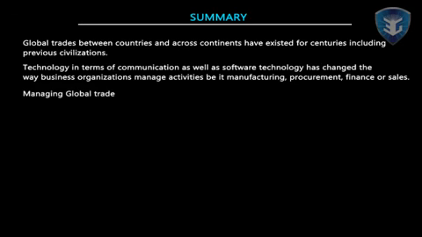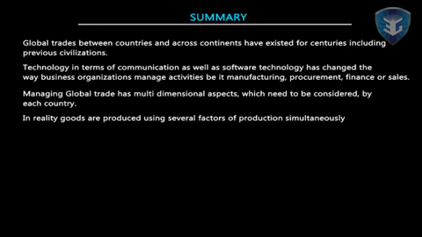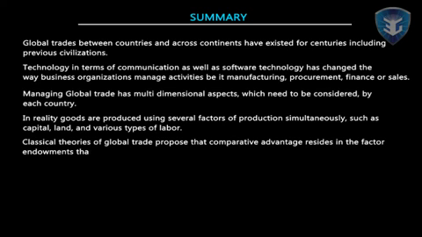Managing global trade has multidimensional aspects which need to be considered by each country. In reality, goods are produced using several factors of production simultaneously, such as capital, land, and various types of labor. Classical theories of global trade propose that comparative advantage resides in the factor endowments that a country may be fortunate enough to inherit.